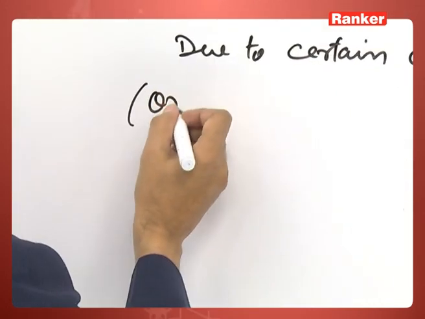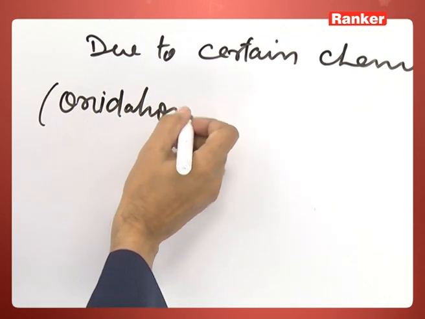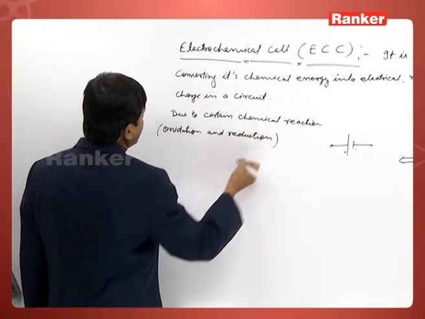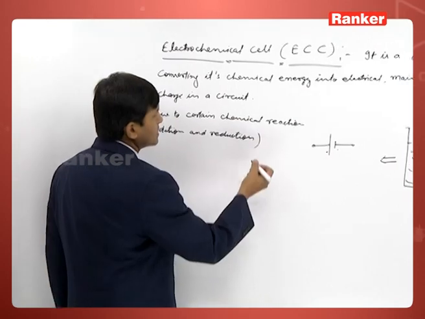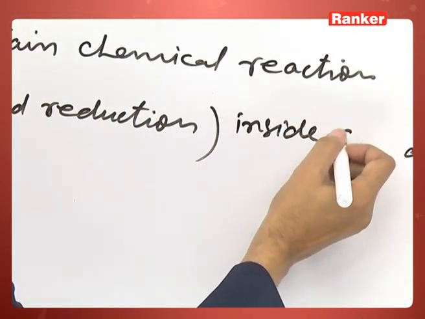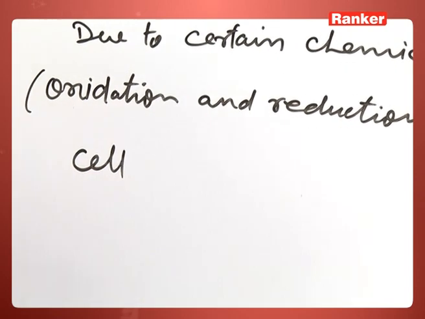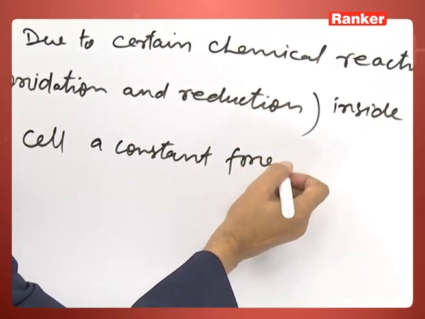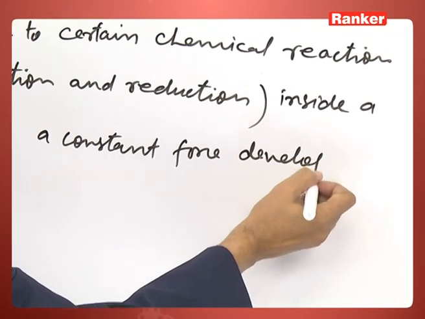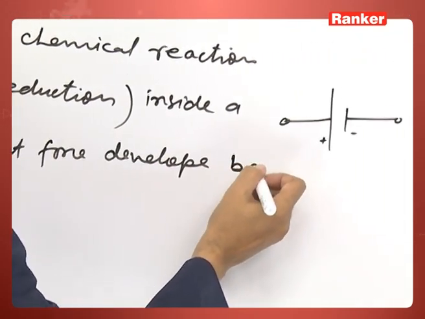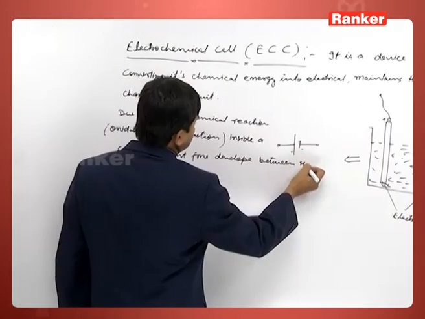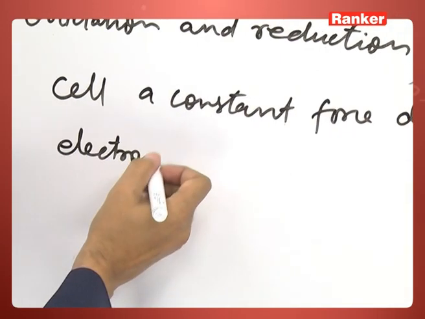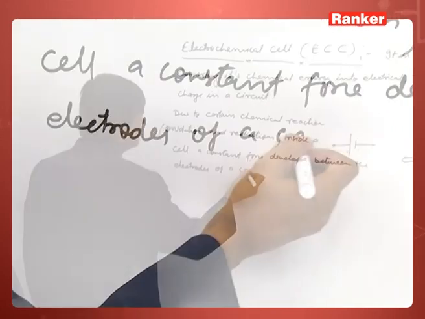Due to certain chemical reaction inside a cell, a constant force develops between the electrodes of a cell.